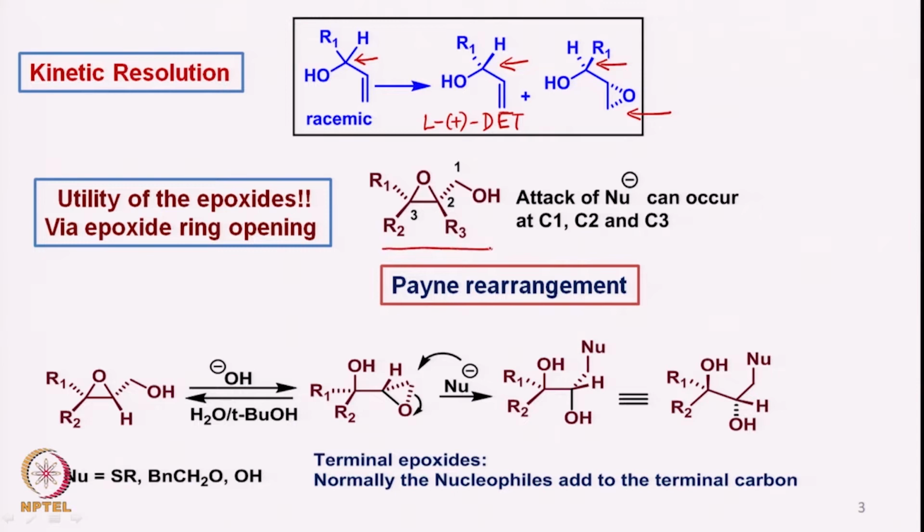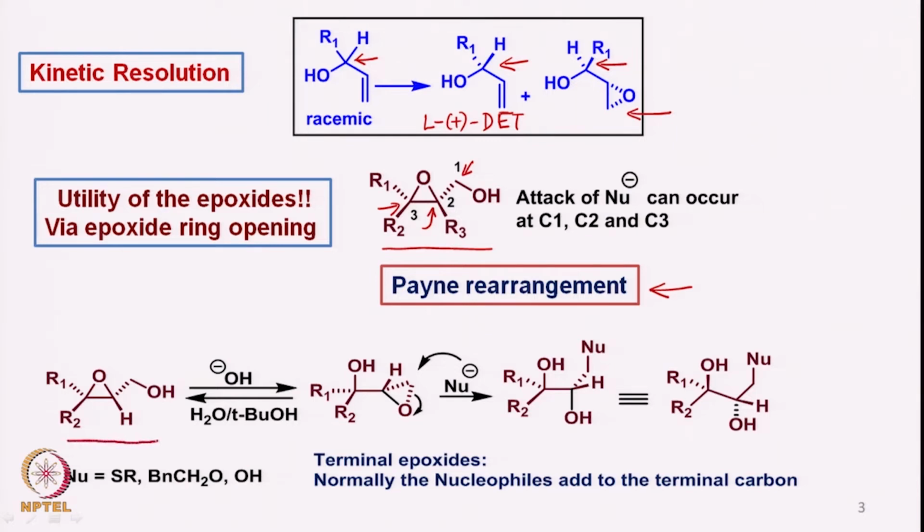Now if we look at the epoxy alcohol, we see there are three sites where the nucleophile can attack, that is carbon number 1, carbon number 2 and carbon number 3, and we looked at all the possibilities including the Payne rearrangement where we could transpose the internal epoxide into a terminal epoxide, and then the reaction easily occurs at the terminal end of the epoxide because that is sterically less hindered, and therefore the SN2 reaction takes place as I have shown it here.